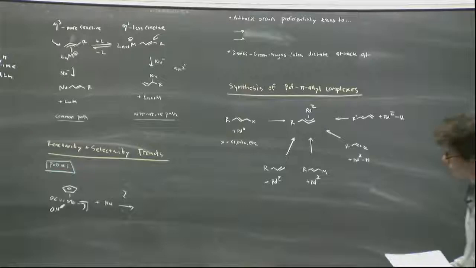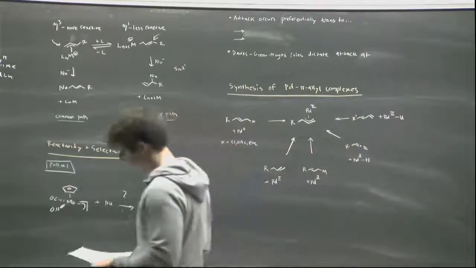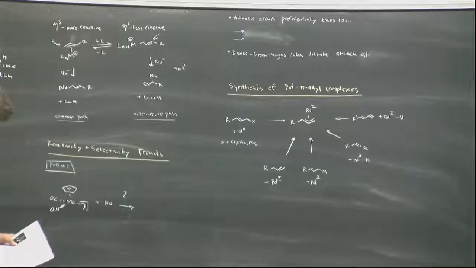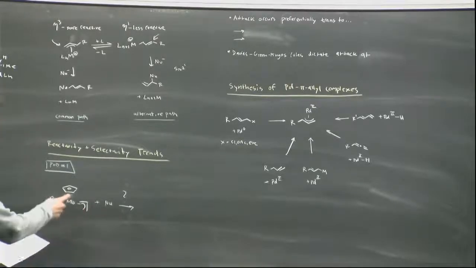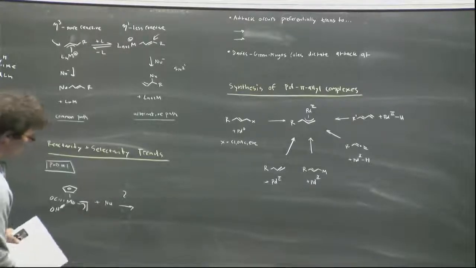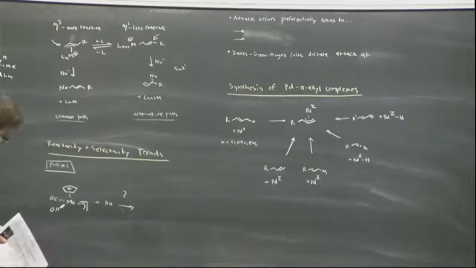My hint on this will be don't overthink this. Okay, Saul, what do you think? I think allyl is definitely more reactive than Cp. It's a fragment reactivity. I think it's going to react by the standard path to put nucleophile on the outer carbon. Okay, so comparing Cp and allyl, Saul's saying that the allyl is open, Cp is closed, so allyl is going to be much more reactive.